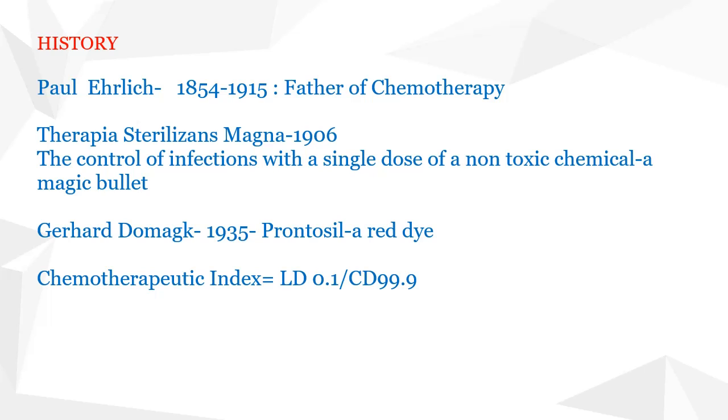In the sense that the anti-infective substance which was produced would be lethal enough to kill 0.1% of the host cells and show its therapeutic capability in 99% of the bacterial infective cells. So this index also gives a better idea of the margin of safety of the compound.